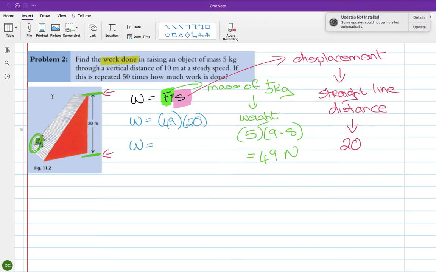And that's going to give us 980 joules. So he is going to have to do 980 joules of work in order to carry that bag up to the top of the stairs, if he does it once.